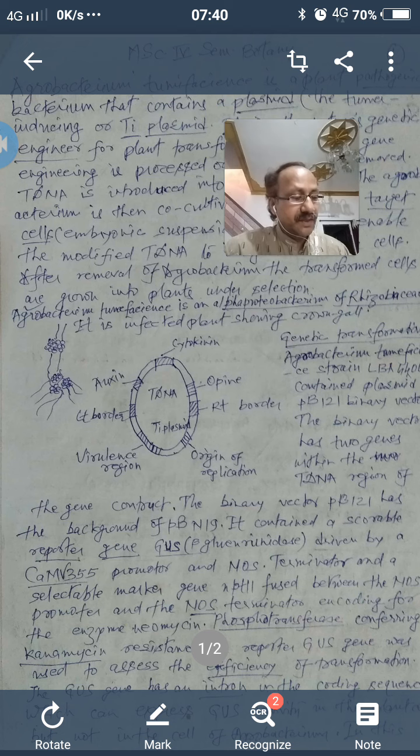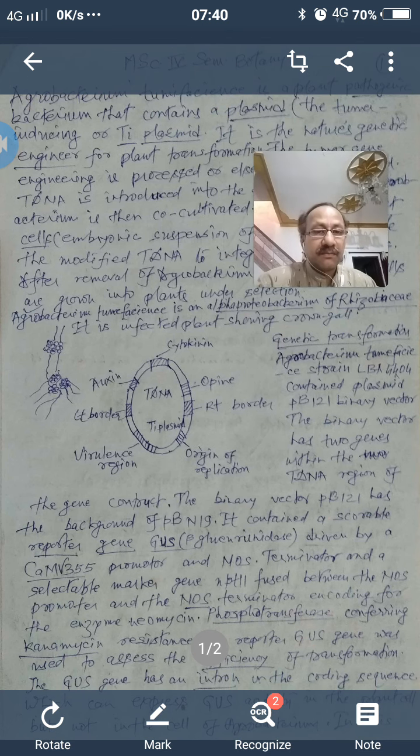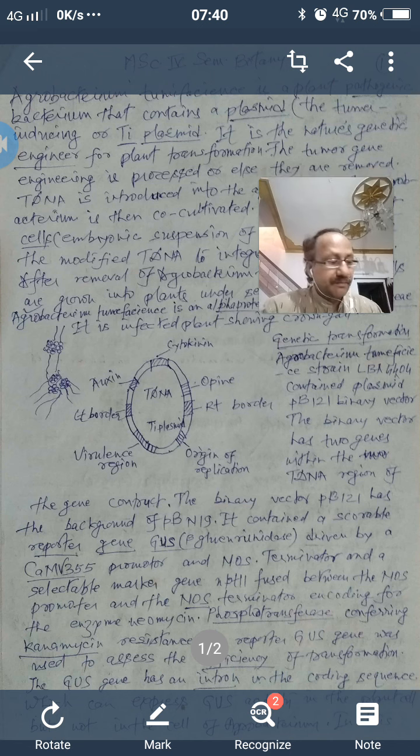Genetic transformation: Agrobacterium tumefaciens strain LBA4404 contained the plasmid pBI121, a binary vector. For example, the binary vector has two genes within the T-DNA region of the gene construct.